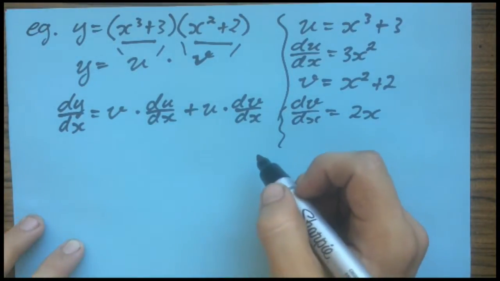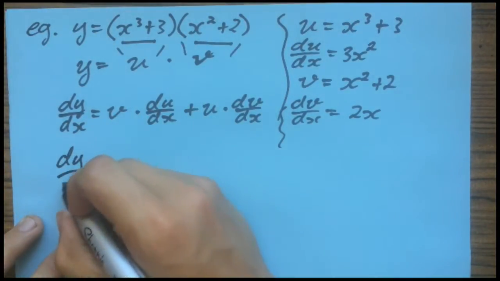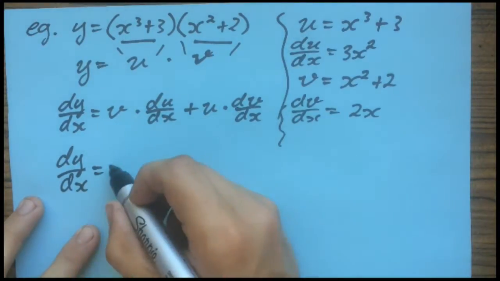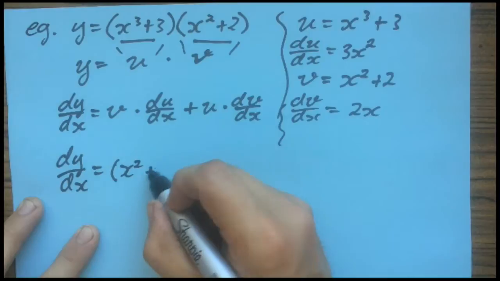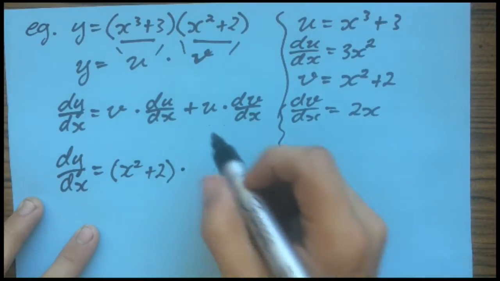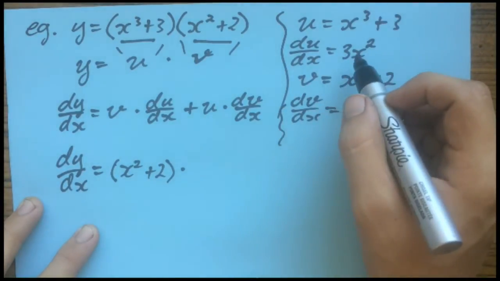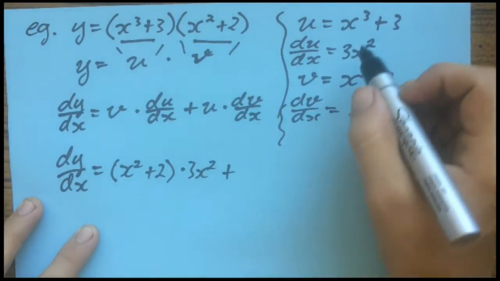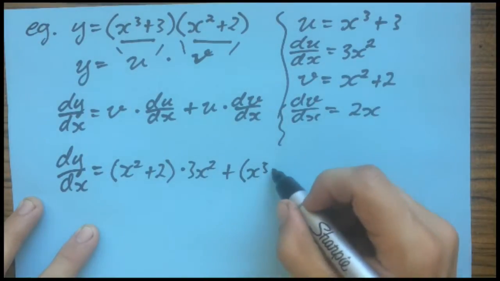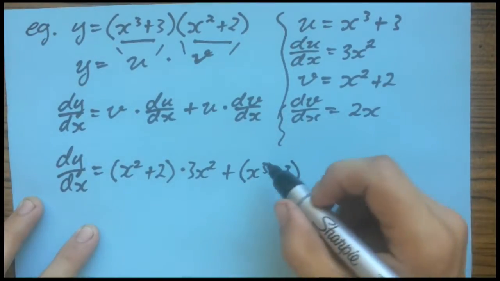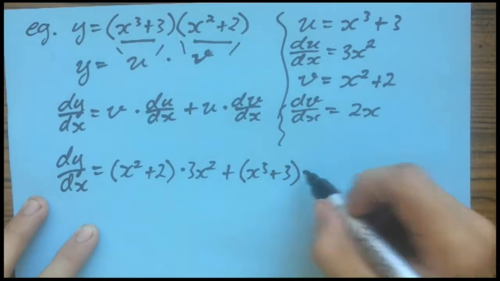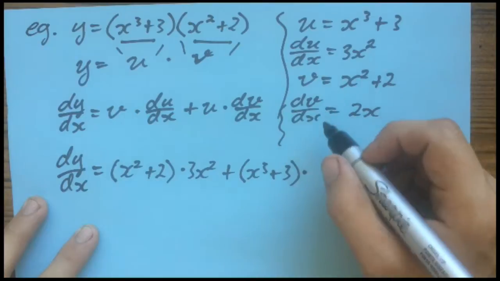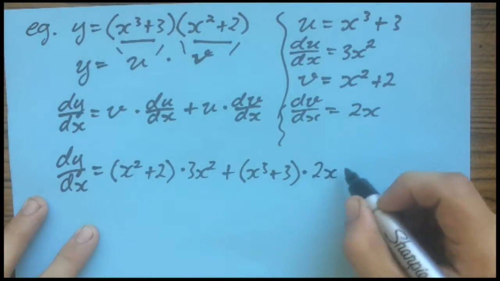So if we were to fill this in, the derivative of y with respect to x would be sub in v, and then we sub in du with respect to x, which is 3x squared, plus u, which is x to the power of 3 plus 3, multiplied by the derivative of v with respect to x, which is 2x.